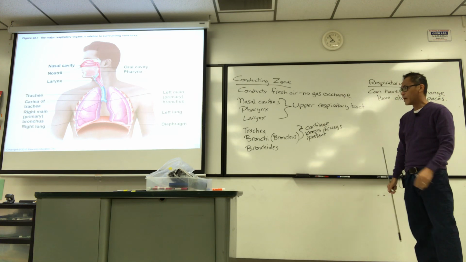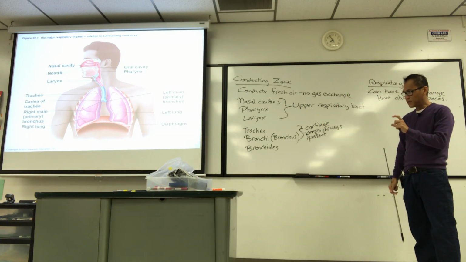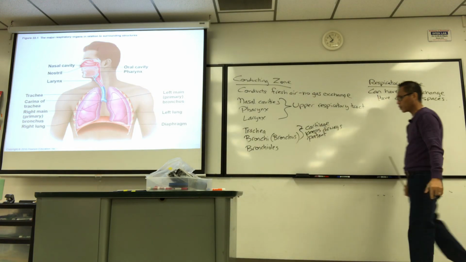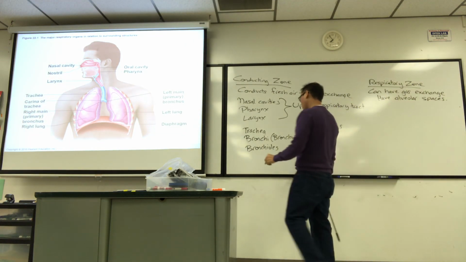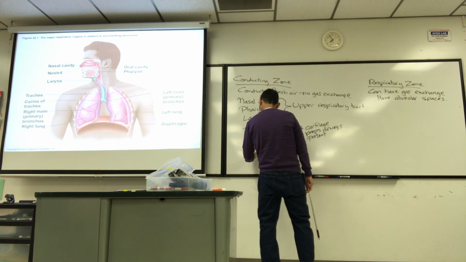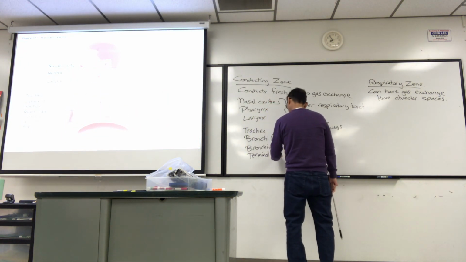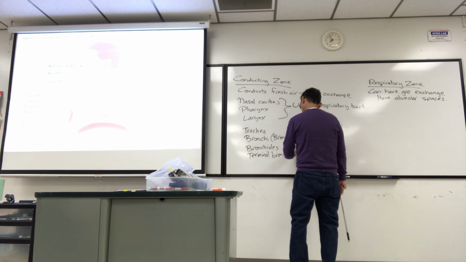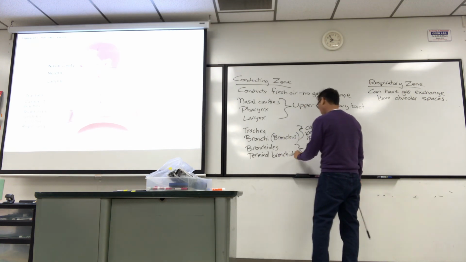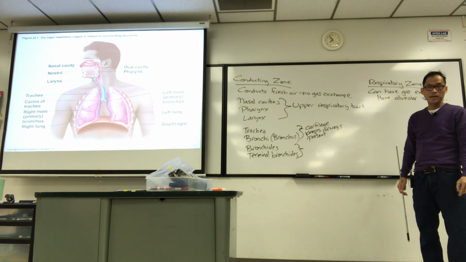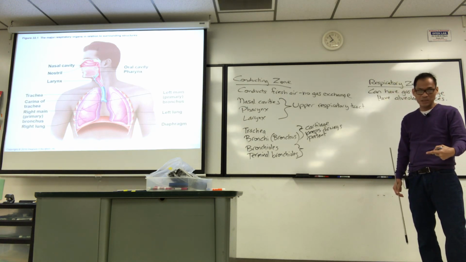And there's many divisions. There's one last division, the bronchioles right before the respiratory zone. So there's one area where you call the bronchioles terminal bronchioles. Well, anyways, bronchioles are like arterioles. They don't have any cartilage, but they do have an increasing amount of smooth muscle.